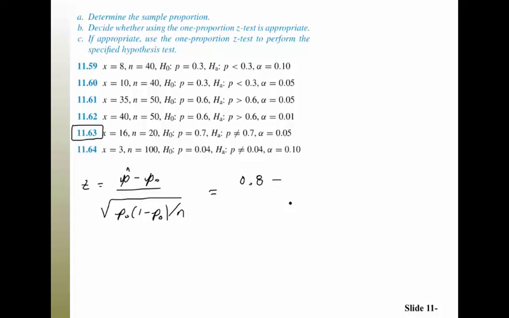Okay? Minus 0.7. So we're testing to see if there's evidence that the proportion is something different than 0.7, right? Over the square root of 0.7 times 0.3 divided by 20, all of that square root.